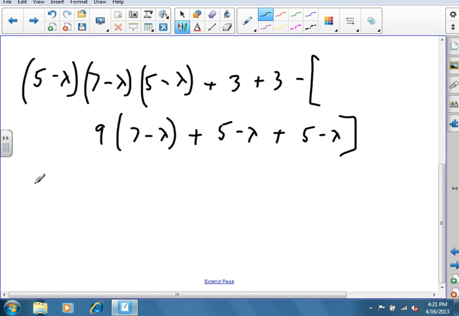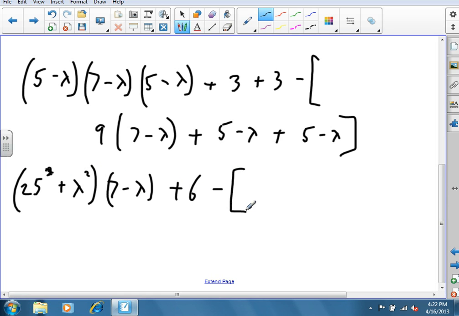So I got 5 squared plus, that's 25, plus lambda squared times 7 minus lambda plus 6 minus 9 times 7 is 63, right? 63 minus 9 lambda plus 25 minus 2 lambda is supposed to be 0.